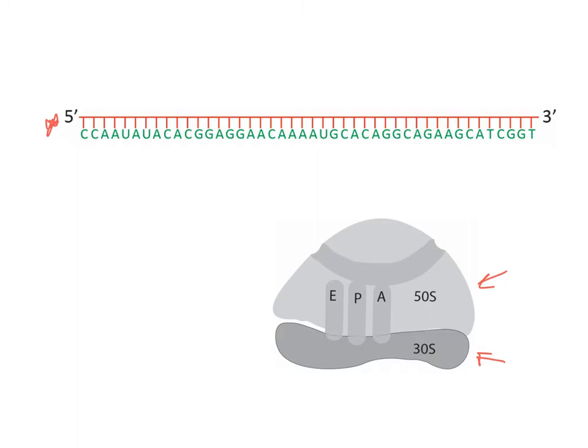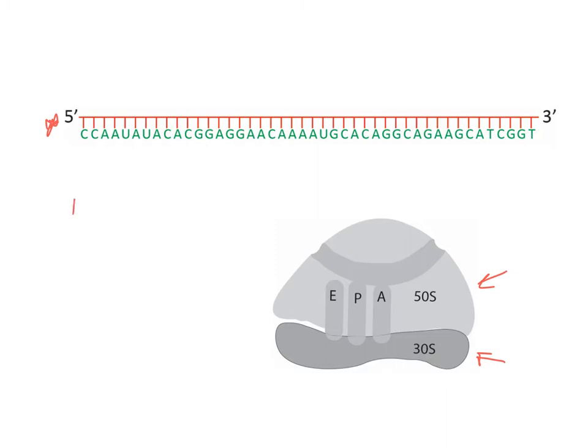Now, how does the ribosome know where to bind on this piece of RNA? Obviously, the start codon is going to be important. Usually bacteria use a methionine AUG codon as the start codon. That's AUG on the RNA, that would be ATG in the original DNA.